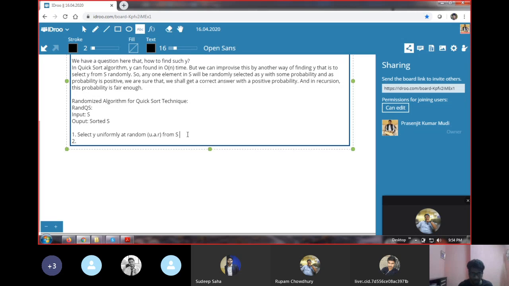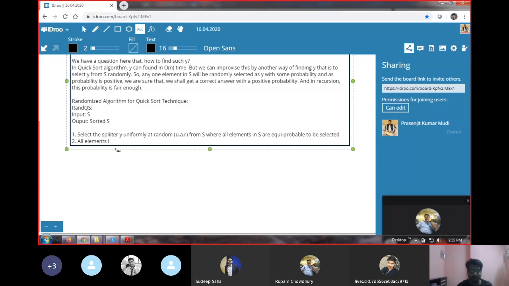Then, y is the splitter. Select y uniformly at random from S, where all elements in S are equally likely to be selected.